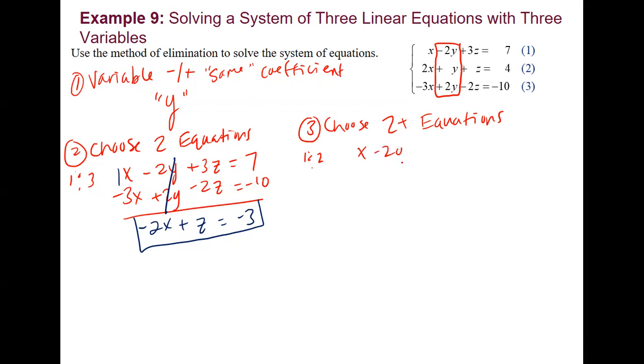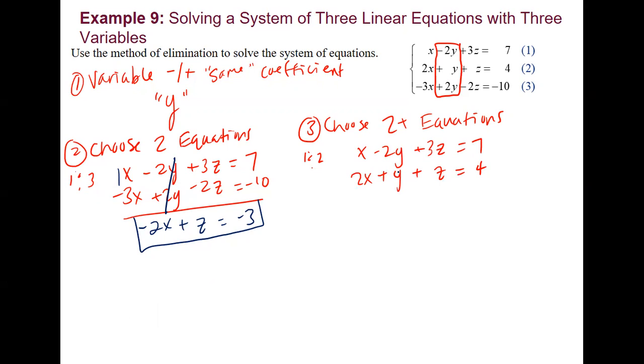So I have x minus 2y plus 3z equals 7. And I have 2x plus y plus z equals 4. Now this one isn't straightforward because my y's aren't automatically eliminating. So I'm going to have to do a little manipulation in order for my y's to eliminate.